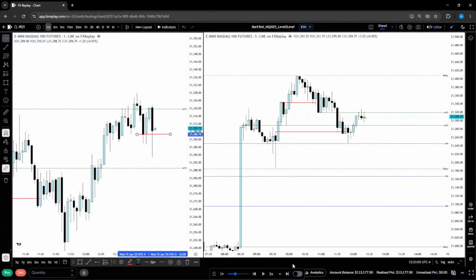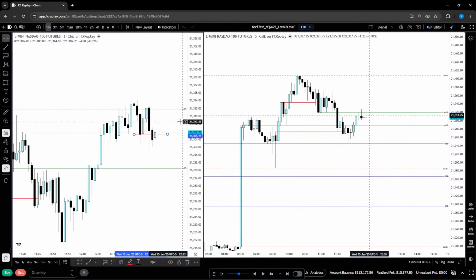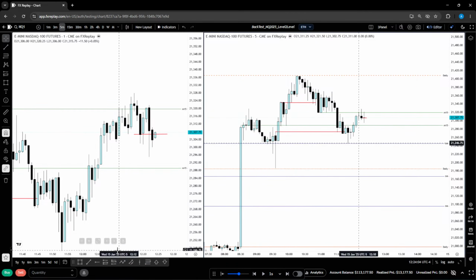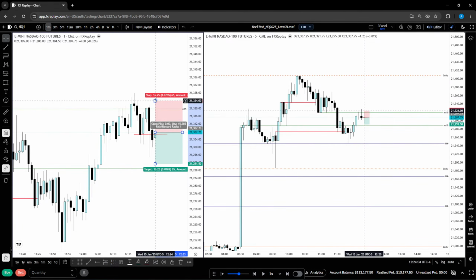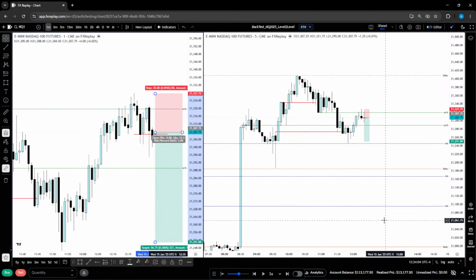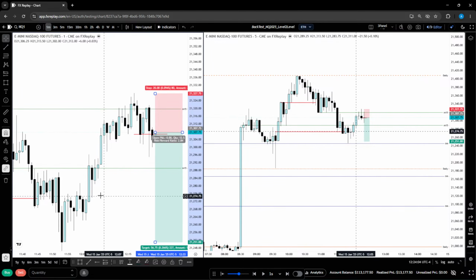Below this. We haven't done it yet. Okay, this one closed below it, so we're probably gonna go short now. I don't want to take a trade, but we'll just do it like this, see if that's successful or not.